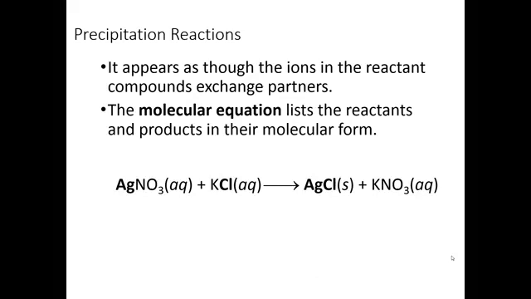In a similar fashion, notice that on the reactant side, the chloride ions are combined with the potassium ions, but on the product side, the chloride ions are combined with the silver ions to form solid silver chloride. There's a swapping of partners in terms of ions that occurs in precipitation reactions. That general pattern applies to all precipitation reactions.